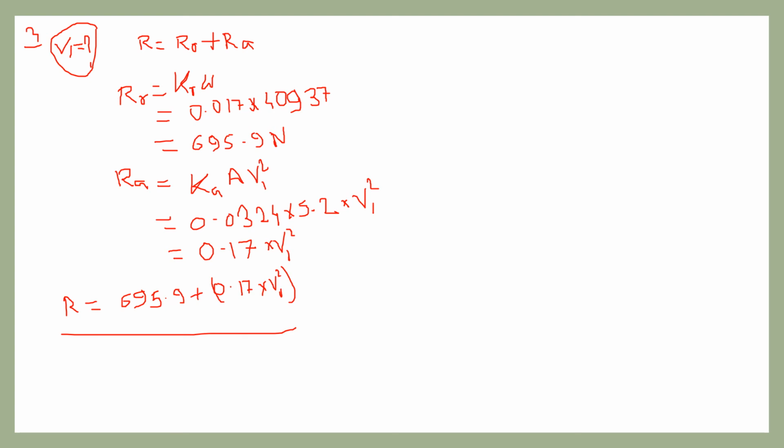Here the given is the efficiency of the transmission in the top gear, that is 90%. That means the efficiency is 0.9, and this is equal to R V divided by P into 1000.